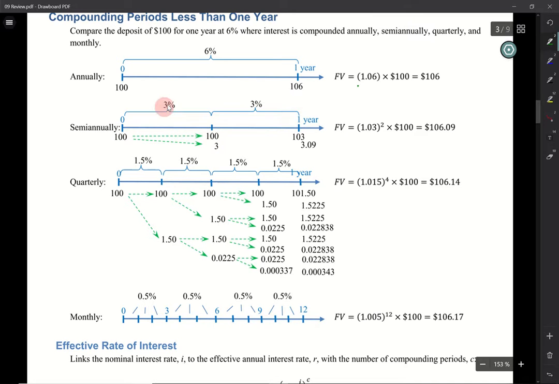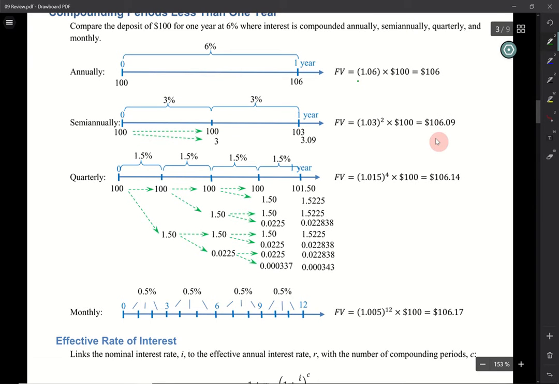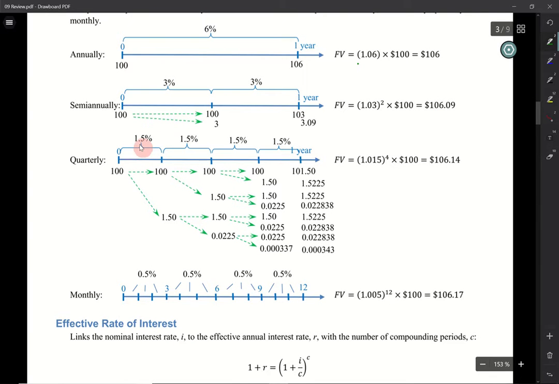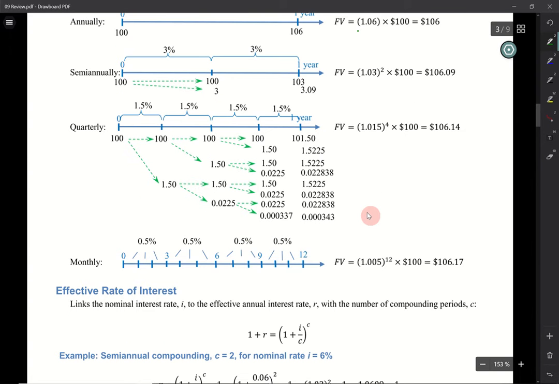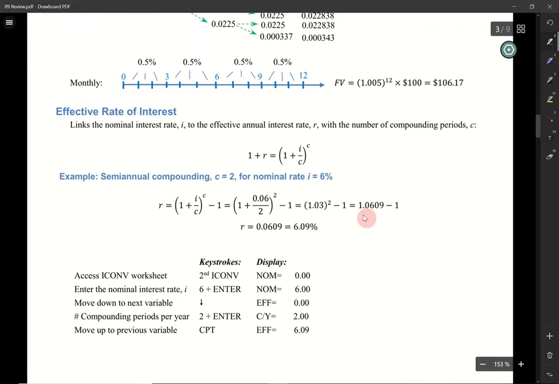After half of the year has gone by, you only earn half of the interest, but in the second half of the year, you can earn interest on interest. So the semi-annual compounding has a little bit more. With quarterly compounding, the amount you earn is just 1/4 of the original amount, and you earn interest on interest, and monthly is sort of the most.